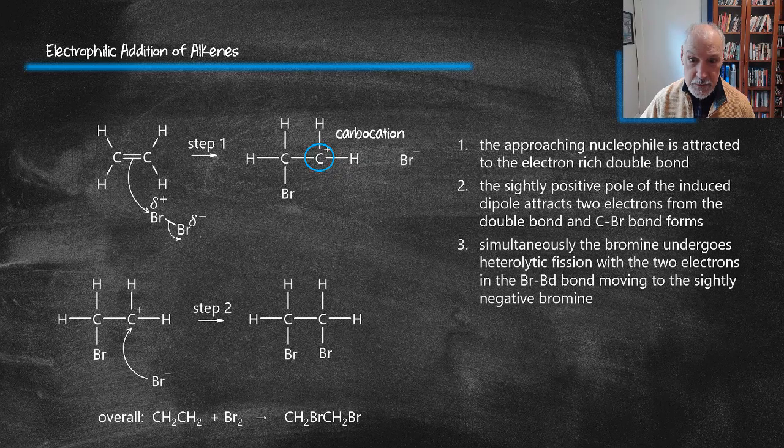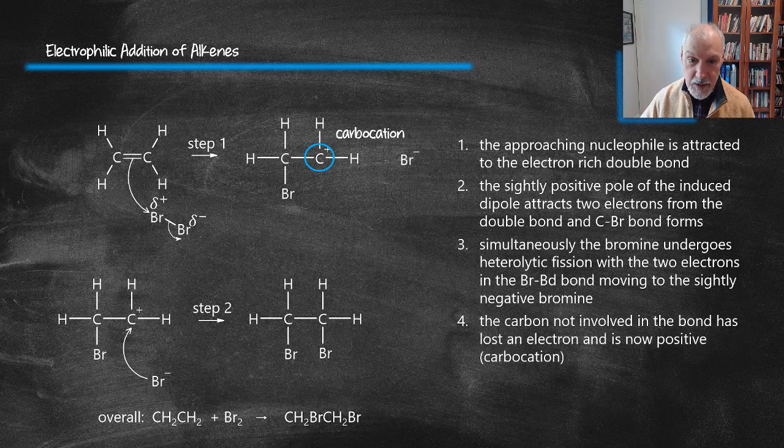Simultaneously, the bromine undergoes heterolytic fission, with two electrons from the bromine-bromine bond moving to the slightly negative bromine. The carbon not involved now has a positive charge because it's lost an electron and forms a carbocation. Lastly, our bromide ion bonds with the carbocation. So that's a quick summary of the steps involved in this reaction.